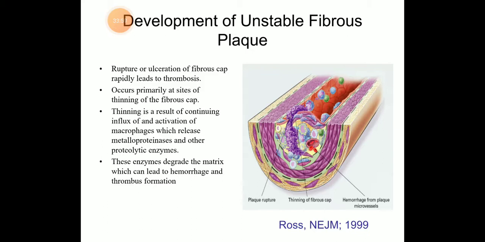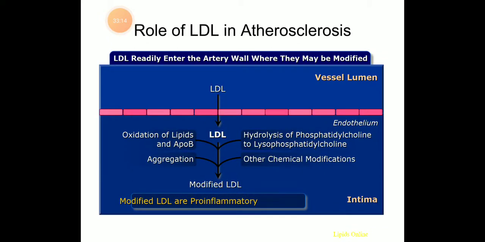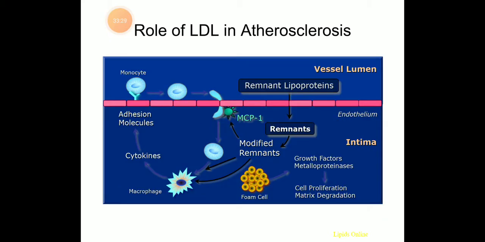So as a clinician, one has to look at the level of HDL while looking at the total amount or volume of cholesterol. This is the way the LDL is basically entering, where it may be modified, undergoing oxidation, and these modified LDL are pro-inflammatory.